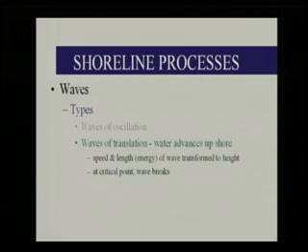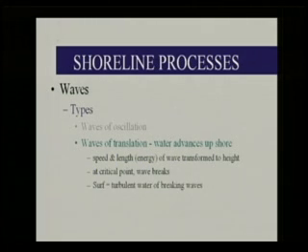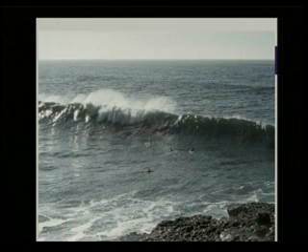At a critical point, however, we have too steep a wave and the wave will break. We call that breaking or surf. Surf is the turbulent water of breaking waves, an over steep wave. So the wavelength will decrease while the wave height increases because our circular motion of our water molecules is disturbed.